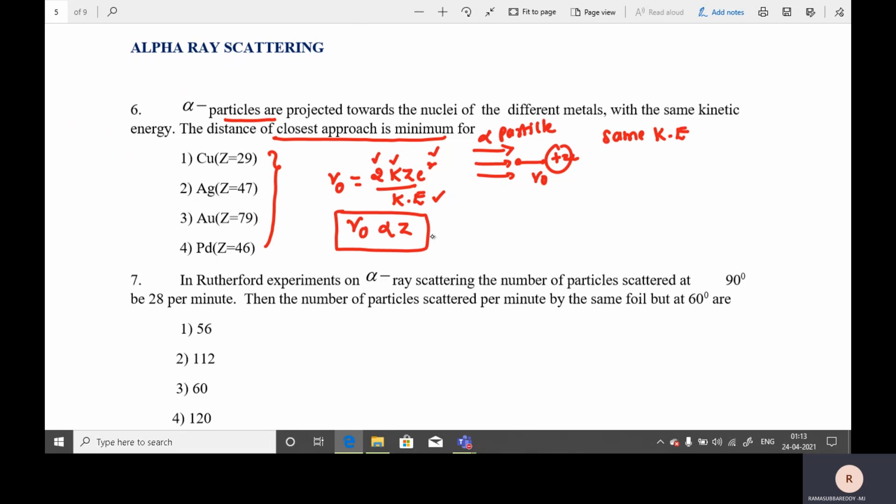If you observe, if distance of closest approach is more, our Z is also more. But here the distance of closest approach is lesser. For which element? Z is lesser. So Cu, our Z is equal to 29. This is the least among all the elements. Then this is our correct answer.